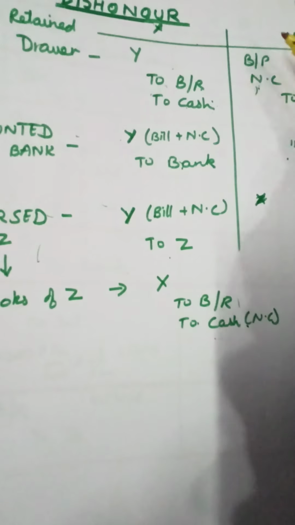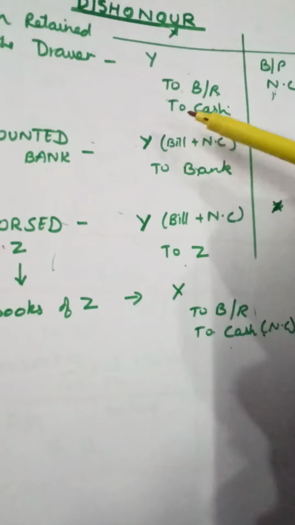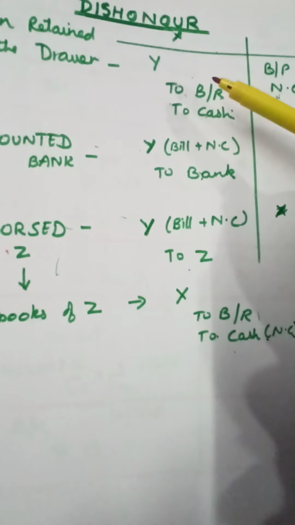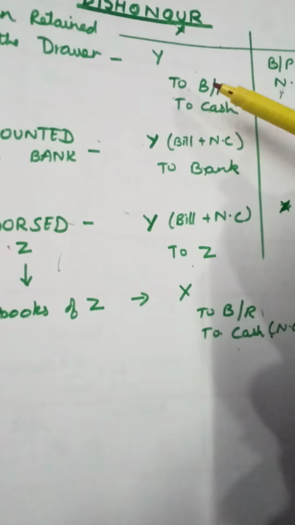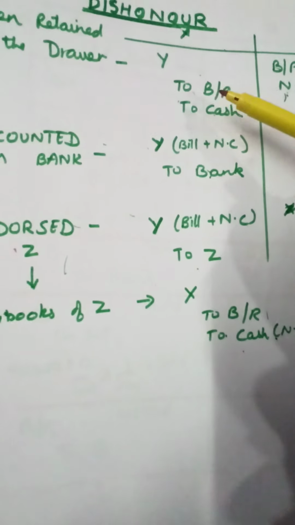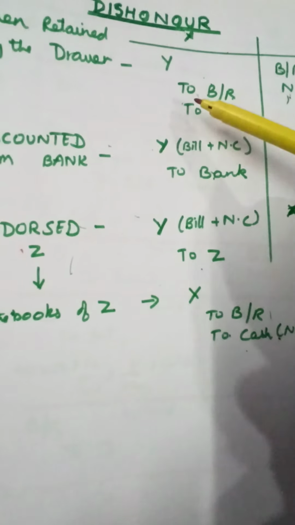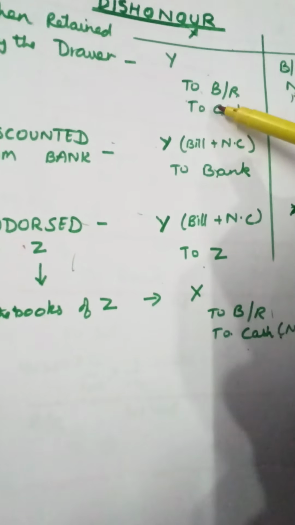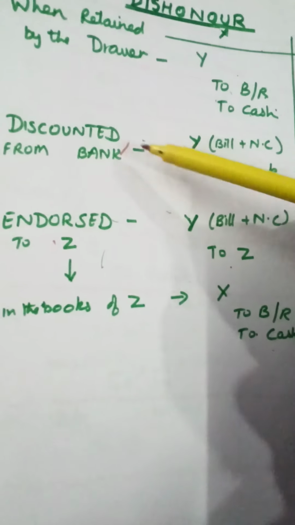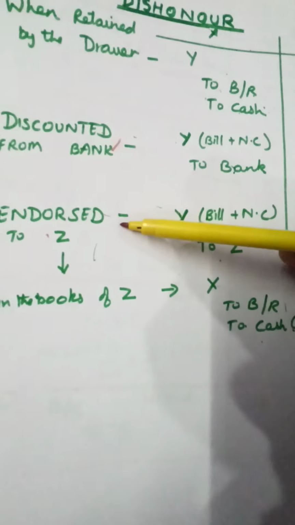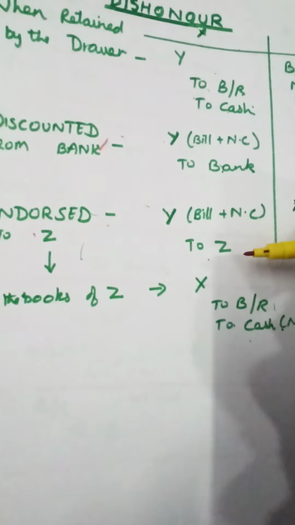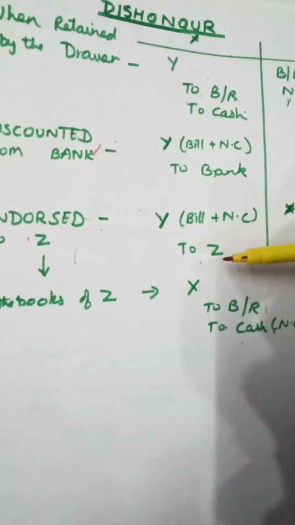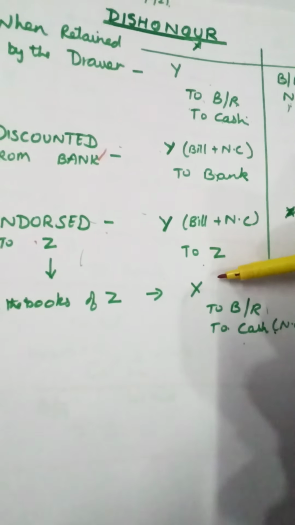Drawee Y is debited in all the cases. And what is credited? The retainee of the bill, who has the bill, will be credited. The BR is with the drawer here, so BR will be credited. BR is with the bank here, bank will be credited. BR is with Z here, Z will be credited.